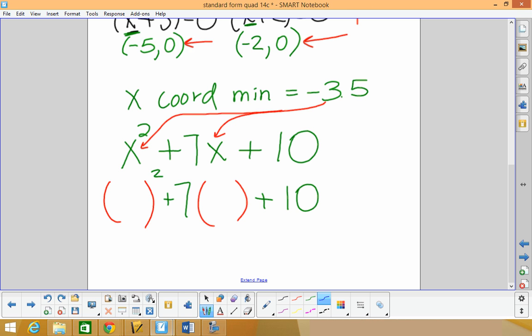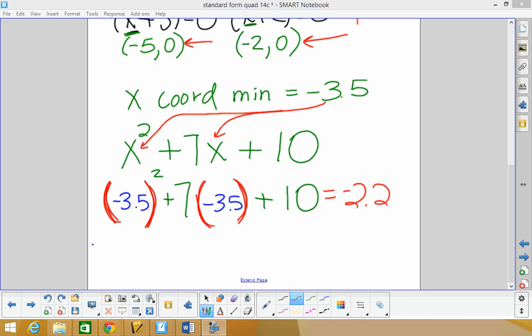And we can figure out what the y-coordinate is. If you plug this into your calculator exactly the way that I have it here, with these parentheses, then your answer comes out to be negative 2.25.